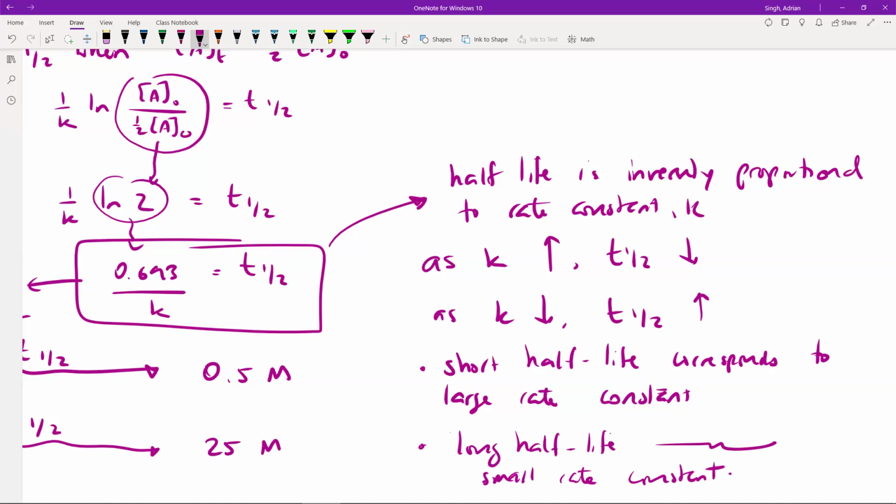Again, I mentioned that you may have heard about half-lives before. A lot of times we see half-life in terms of radioactive substances. In nuclear power plants, for example, the reason why those waste products have to be buried deep in the earth is because they have super long half-lives. It takes a long time for that waste product to degrade to half of what it originally was.